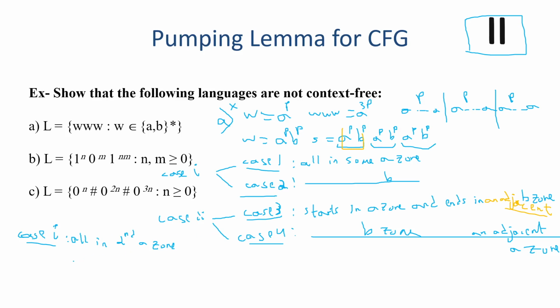When I pump up here, S prime is UV^2XY^2Z. It looks like A^P B^P, I'll just write it out all first. Think about it. Which zone or which part am I pumping up?